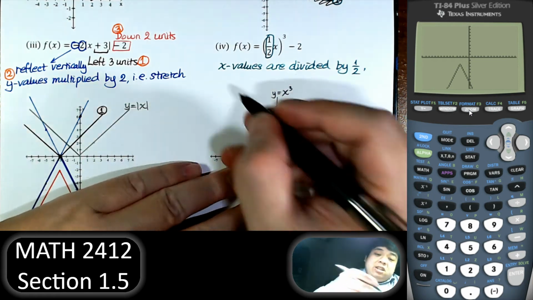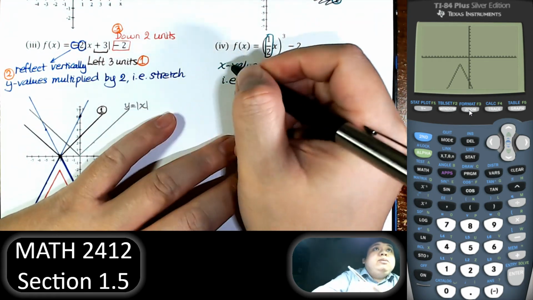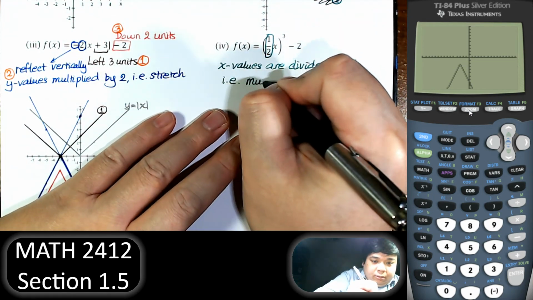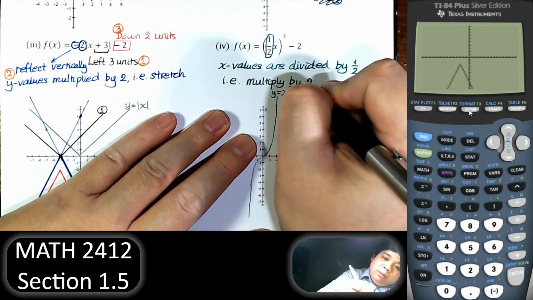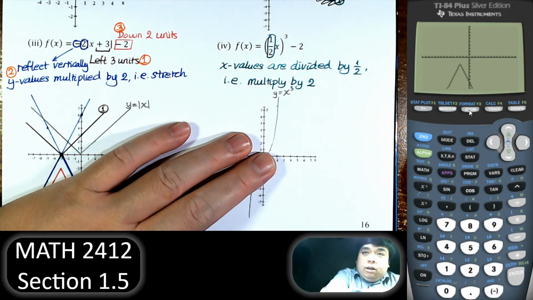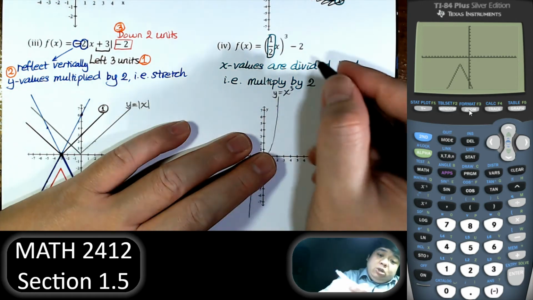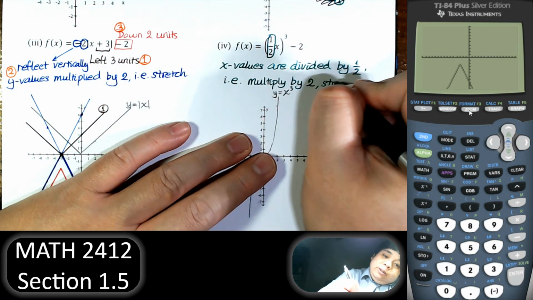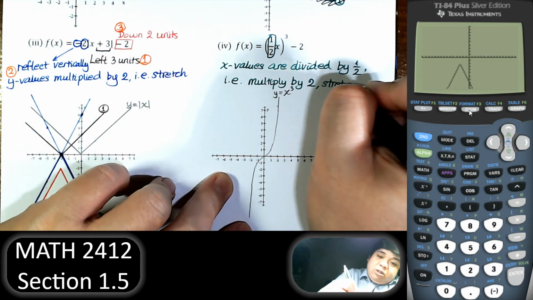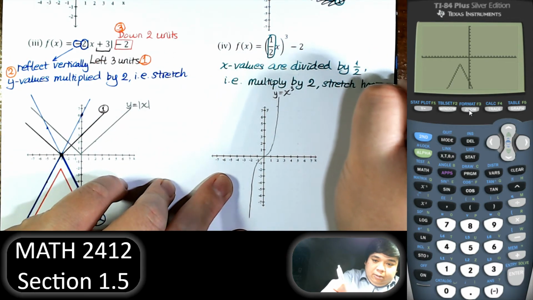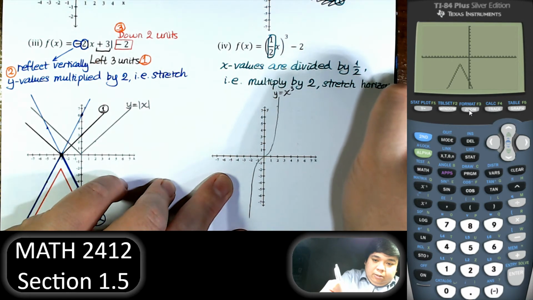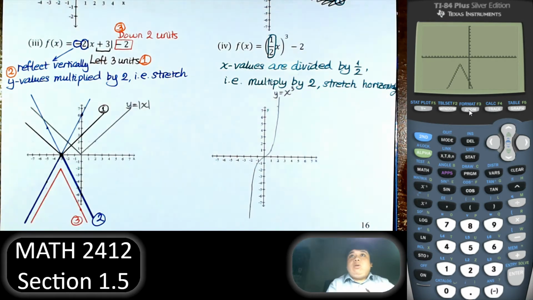Divide by 1/2 is the same thing as multiply by 2. Multiply by 2 meaning it will stretch. And of course it's the x value, so it stretches horizontally.